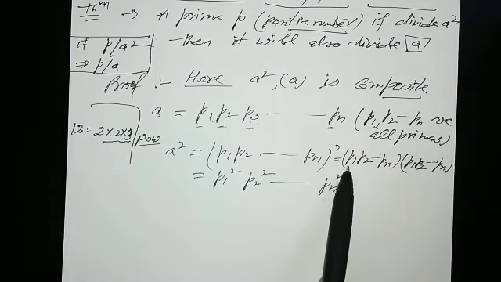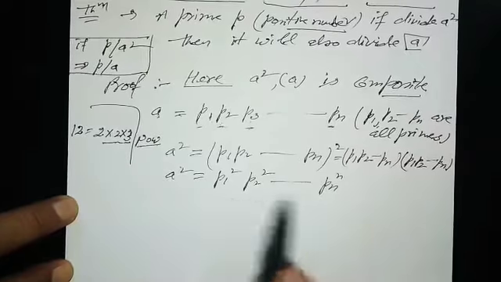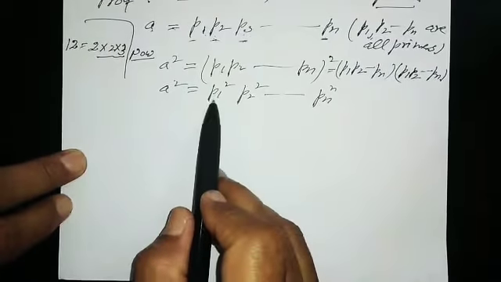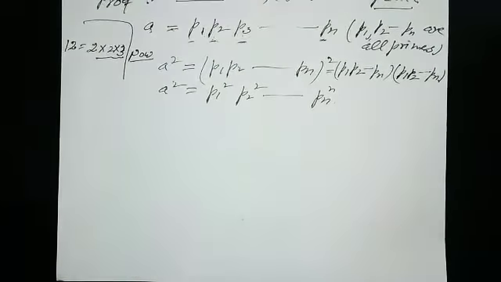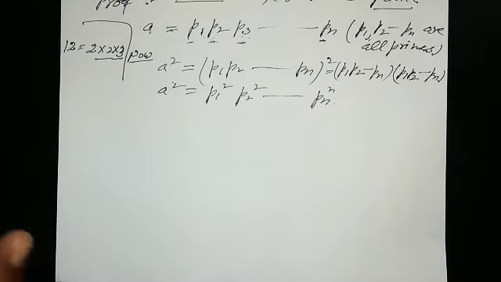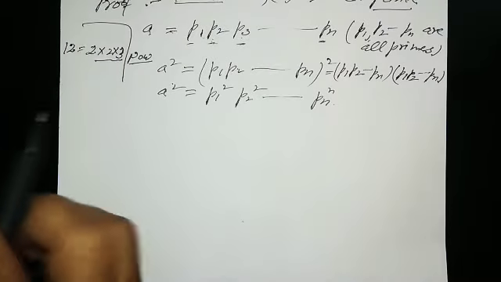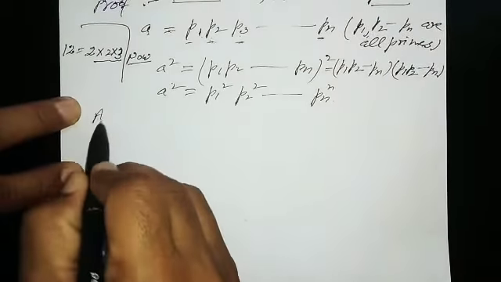Now you can multiply them, you will get these squares. So this a square can be expressed as p1 square, p2 square, pn square, right? I think up to here I have done nothing, just a simple step. As given, what is given?